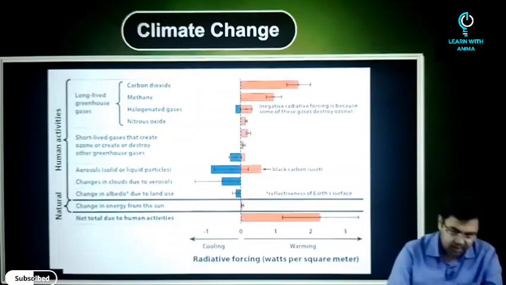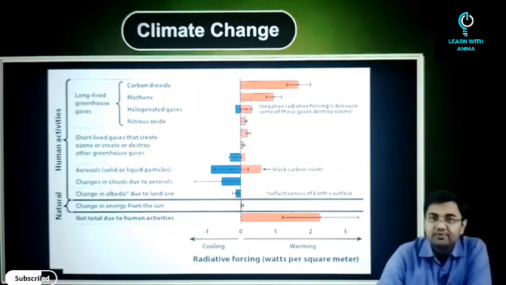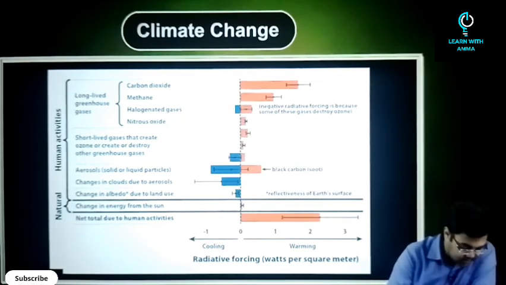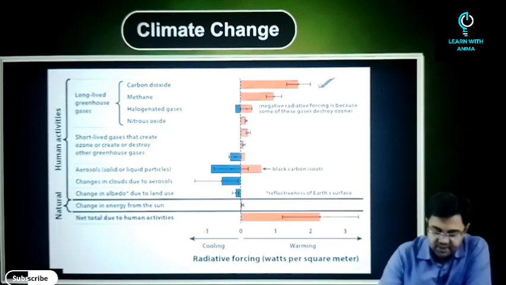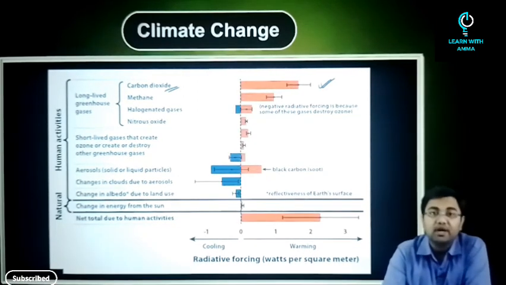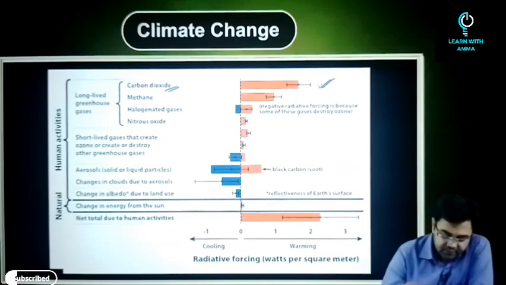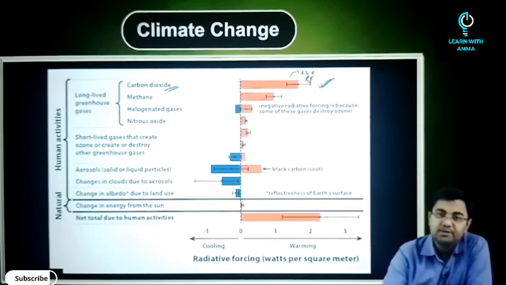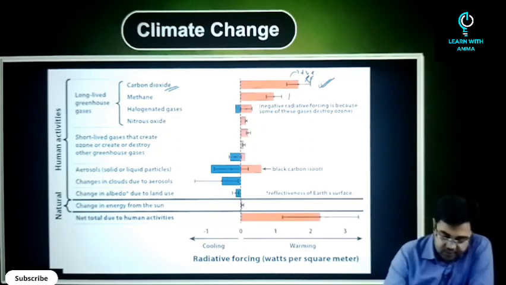Now if you look at this particular diagram, you will have an understanding of what is positive and what is negative forcing. So if we just have a look here, the first one is the influence of carbon dioxide. The influence of carbon dioxide, if you see, is basically a positive radiative forcing. I can say positive RF. Methane also has a positive RF, correct?